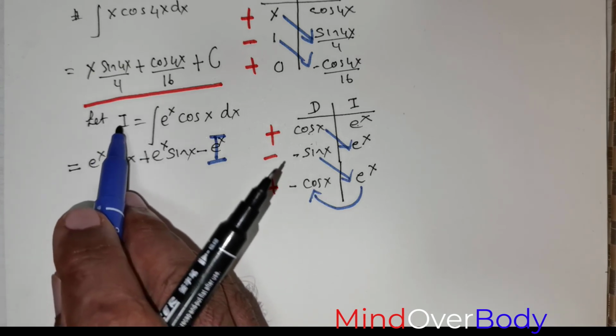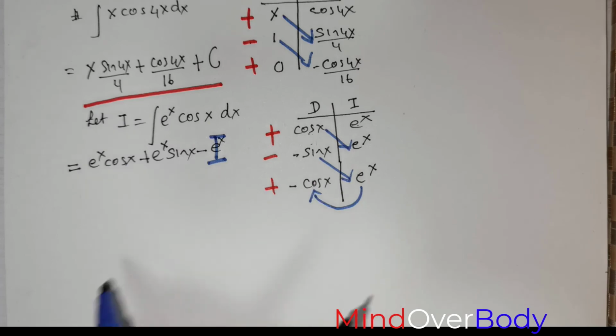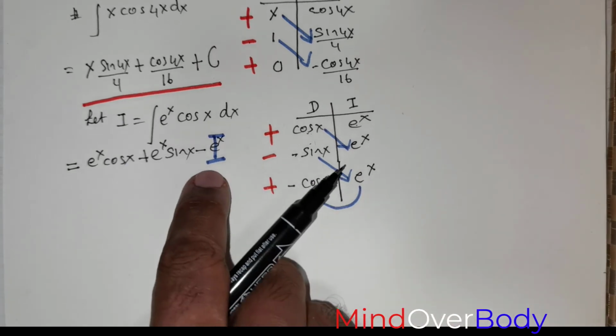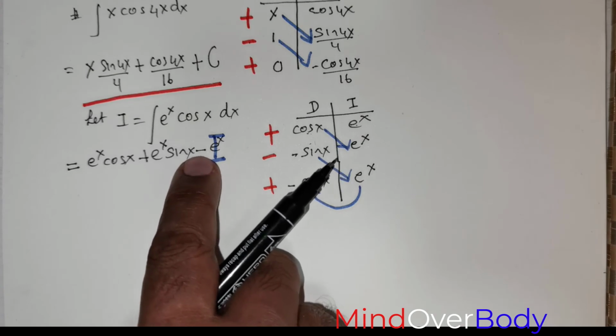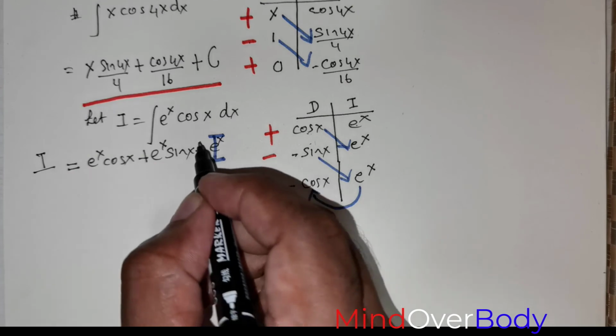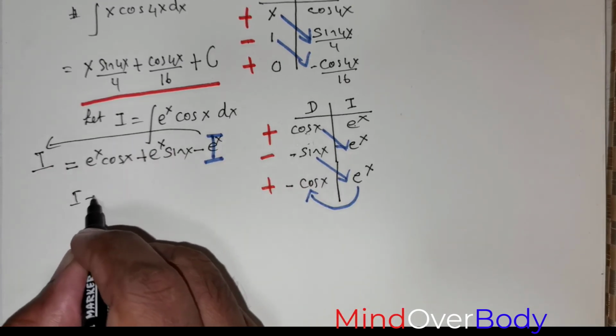We started with let I be equal to this quantity, and this quantity has been integrated. Because of the recursion that we see here, this has been placed as I with the sign. Of course, on the left hand side I have got an I there. Now I will push this I to the left side. That would make I positive.